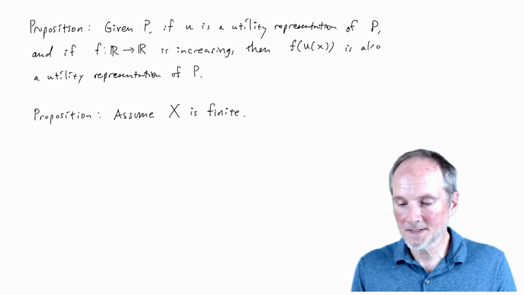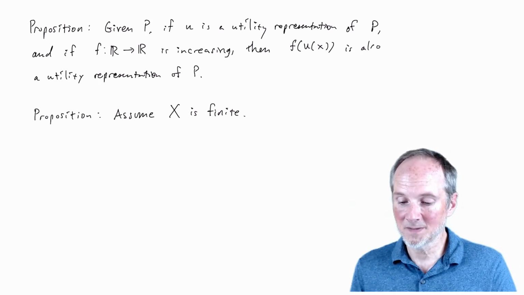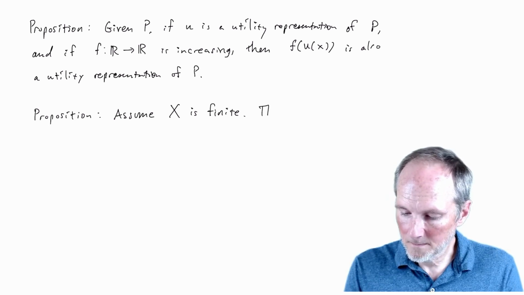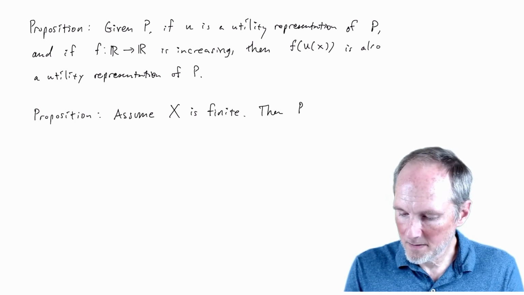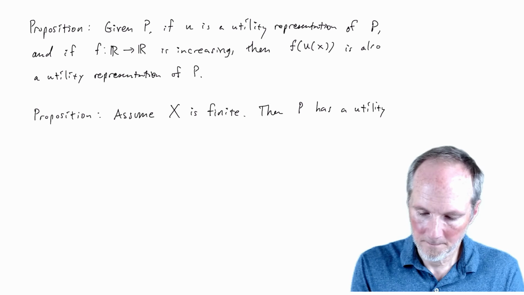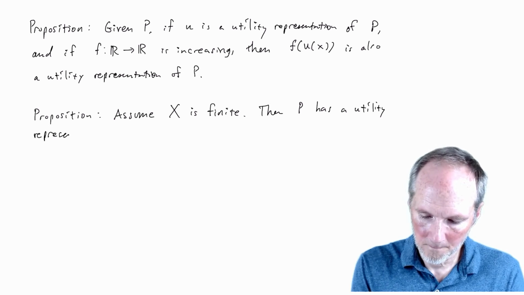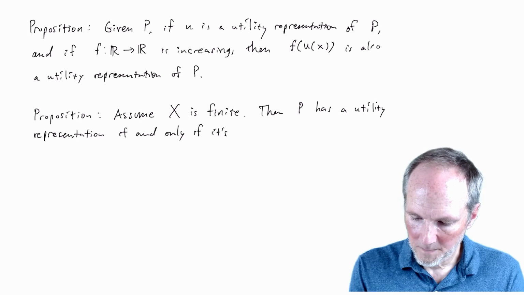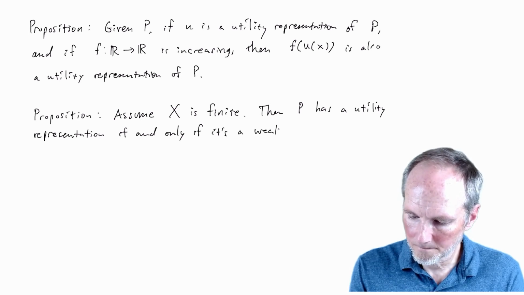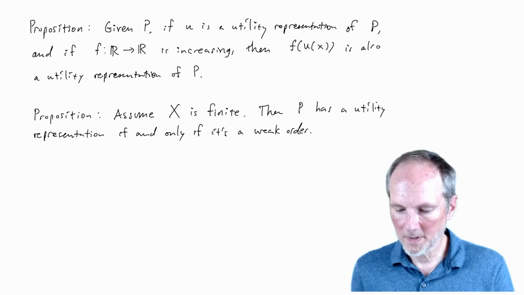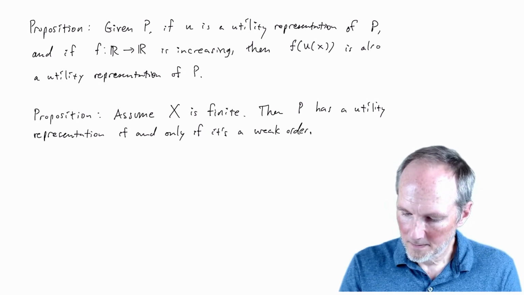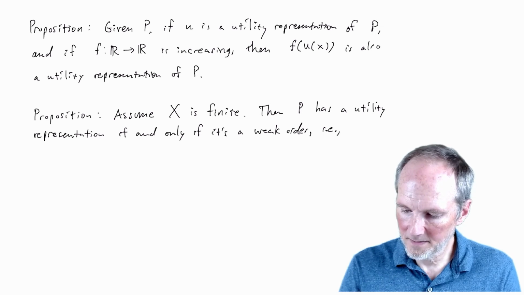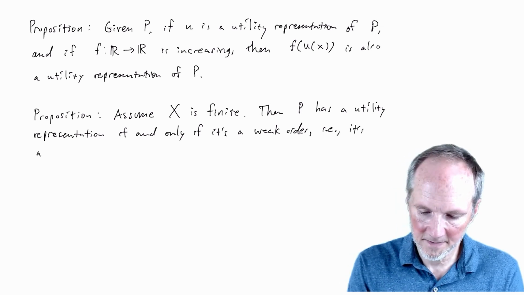And, you know, so to that extent, we're not super general, but it can be as big as you want. Then P has a utility representation if and only if it's a weak order. Okay. Remember, that means that it's asymmetric and negatively transitive.